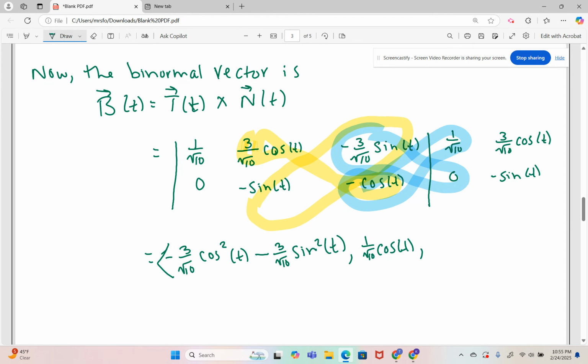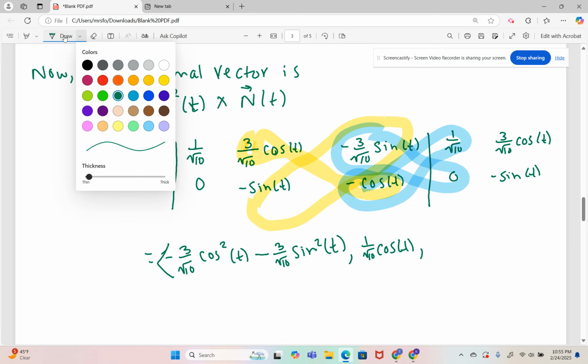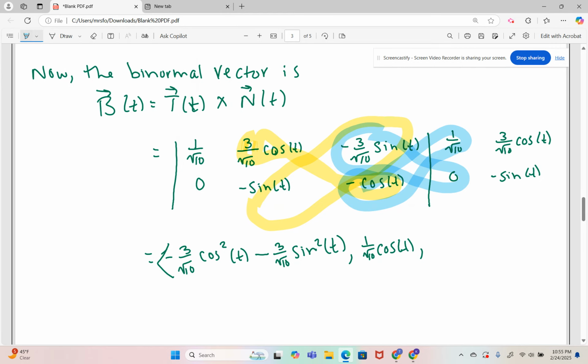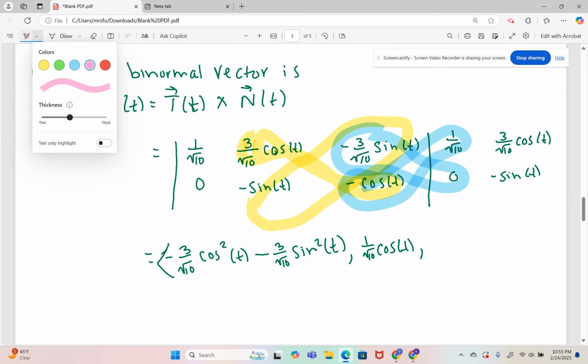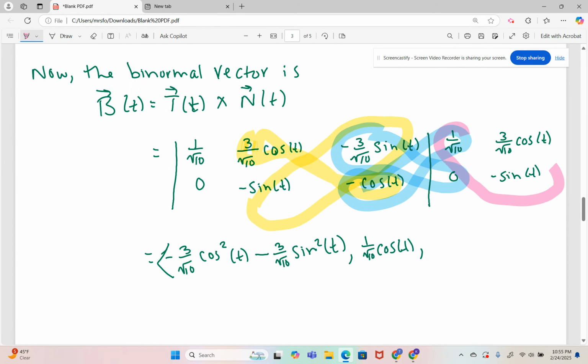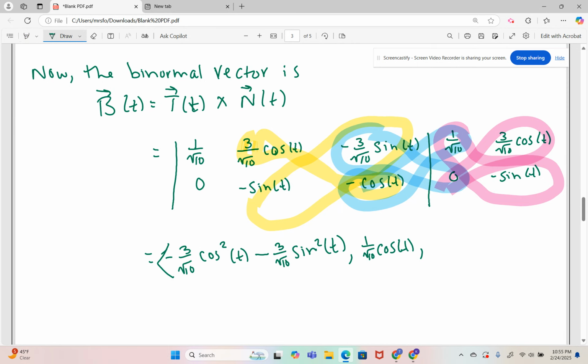And then the third component, I would have this minus 0. So this that I just said would be negative 1 over square root of 10 sine t.